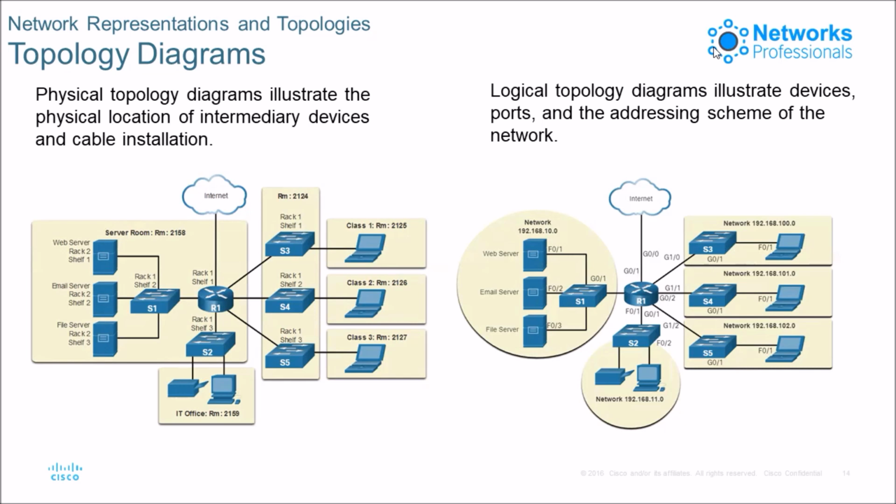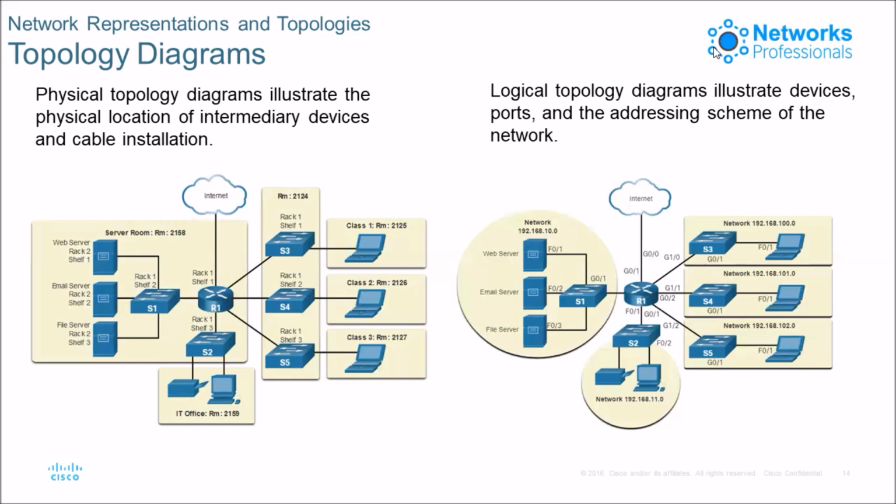On the left side, you can see that in a physical topology, our network is divided into 6 different rooms, where different devices are connected with each other, in which racks they are placed, and how they are connected with each other. But you are not able to see on which interface the cable is actually connected and on which interface which IP is working, or which IP scheme we are using in this topology.